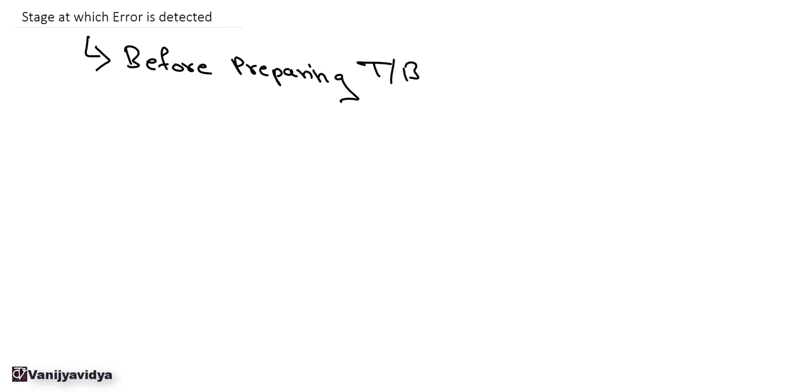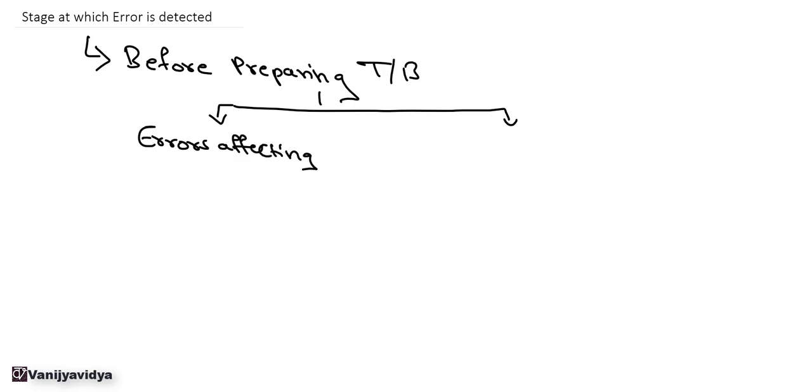Now in this case, there might be two types. One is errors affecting one account, or even if the errors are affecting two accounts, a proper journal entry cannot be passed for this. The rectification entry may not be a proper journal entry which affects the two accounts.